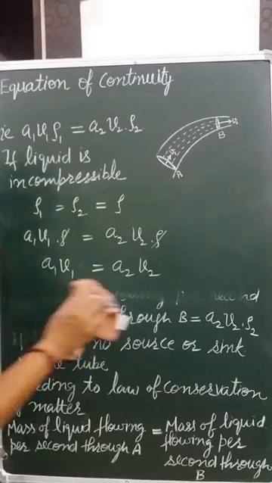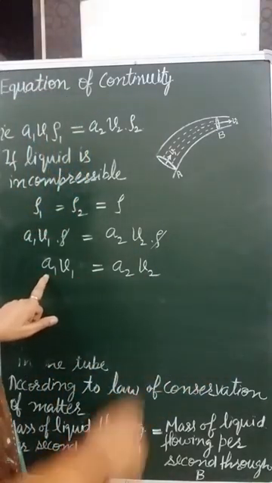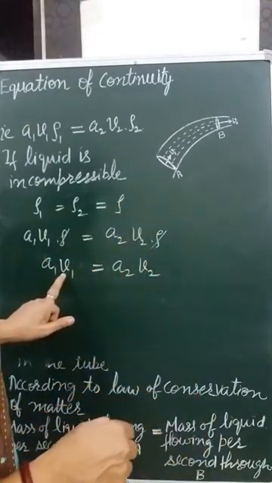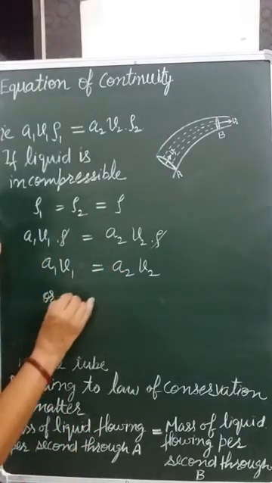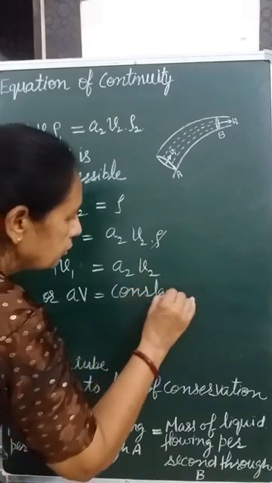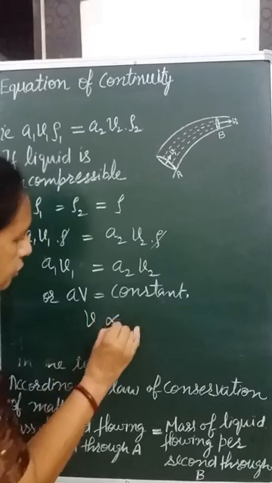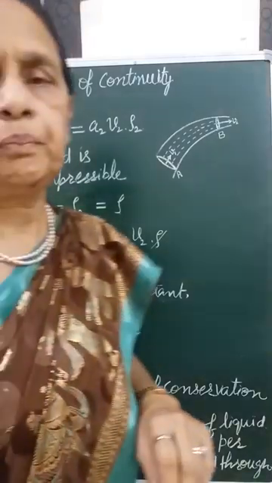That is the product of area of cross section of the tube and the velocity at that particular point is constant, or we can write A into V is equal to constant. And we can say that the velocity is inversely proportional to area of cross section.